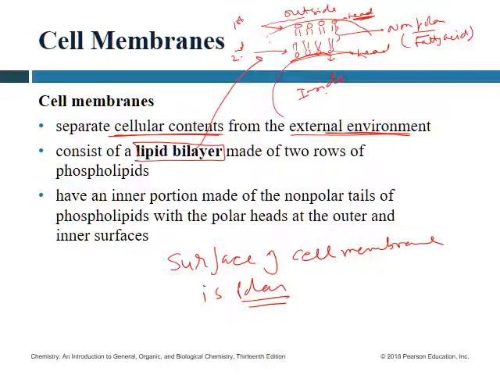Similarly, the inside of the cell also contains water and polar liquid, so the lowest layer of the phospholipid also has the head facing the inner side of the cell, right? Because polar interacts with polar, and there is no polar liquid or molecule within the middle of the lipid bilayer. That's why all the fatty acid chains are present within the cell membrane, right? So this is how the lipid bilayer works, right?